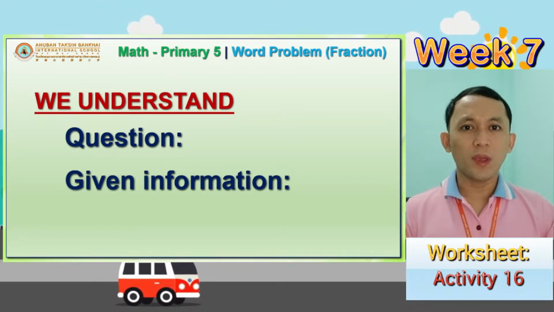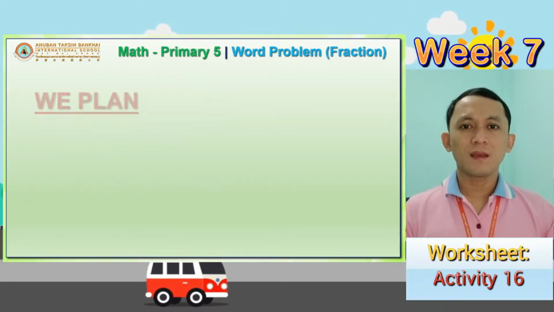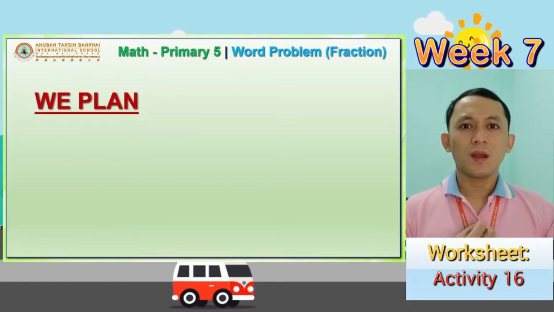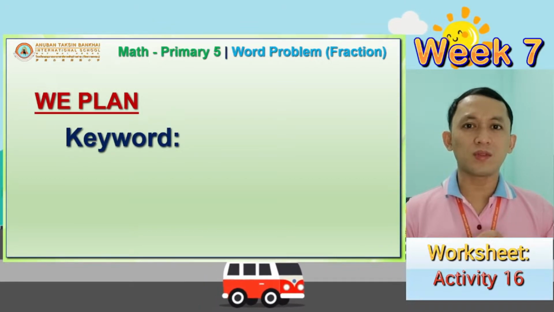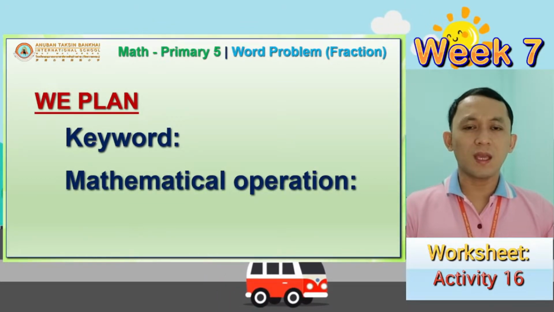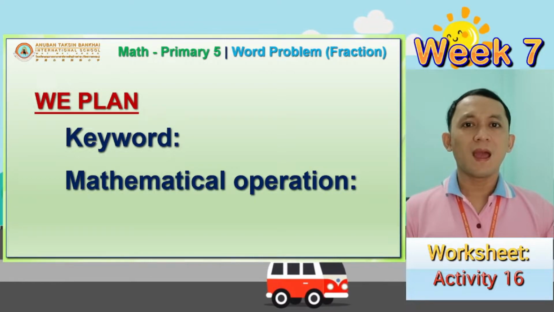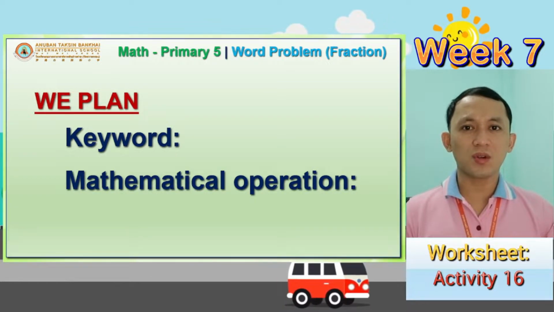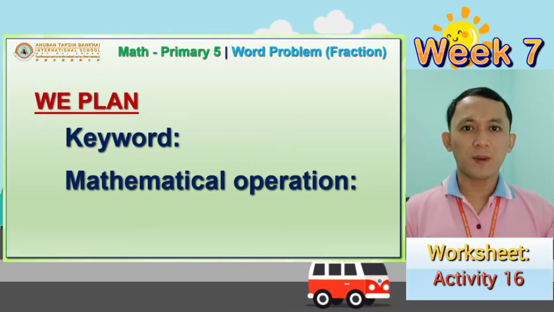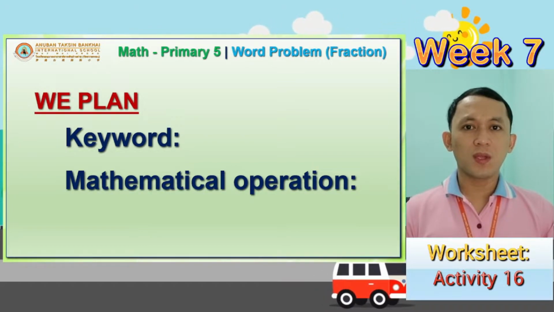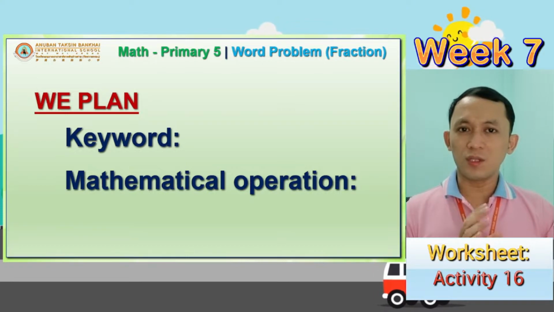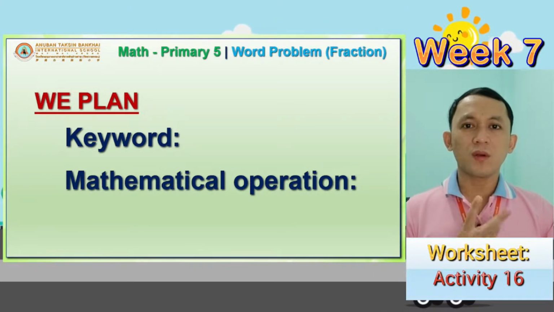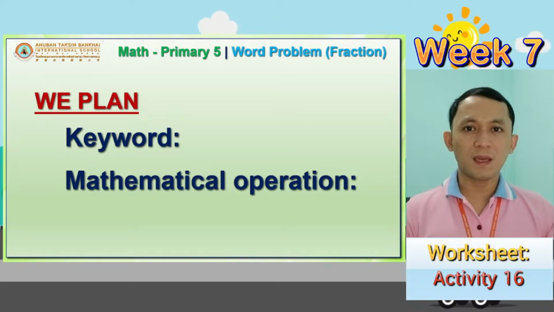Next is we plan. From the word plan, we are going to plan on what to do with those information and those questions, and how we are going to answer our word problem. So here we are going to identify the keyword and the operation, and by the way, we're going to focus on multiplication and division.